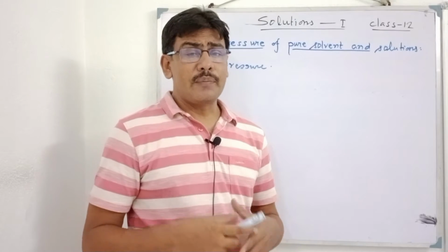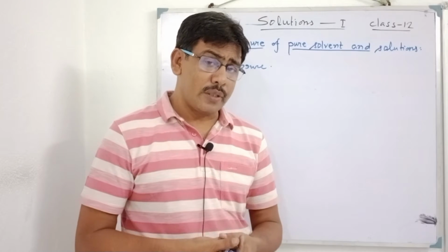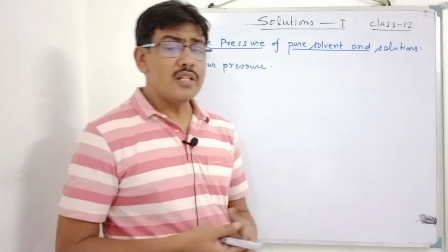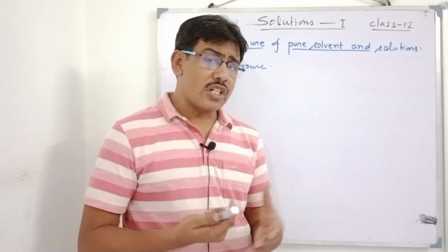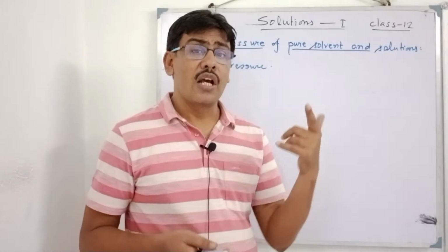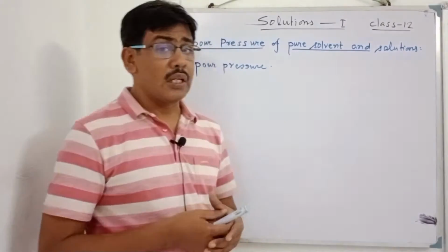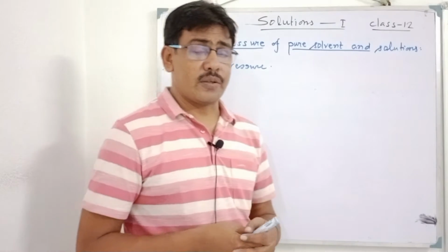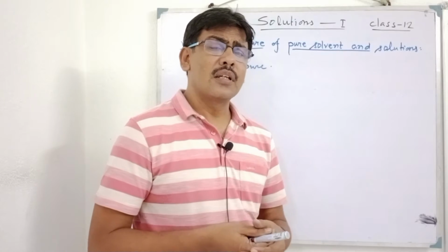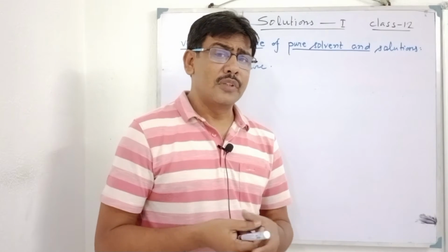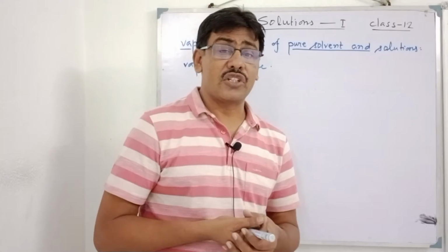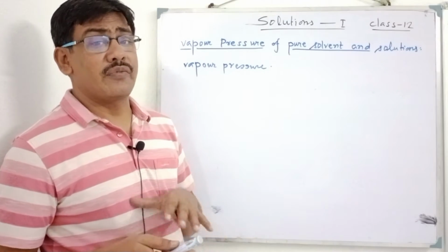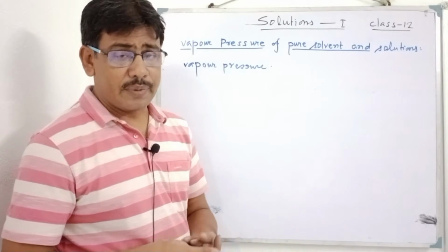If some amount of liquid, some amount of pure solvent, is taken in a closed vessel that is partially filled, vaporization occurs. If the rate of vaporization and the rate of liquefaction are equal, then an equilibrium is established. At that state, the pressure exerted by the vapor is known as the vapor pressure.